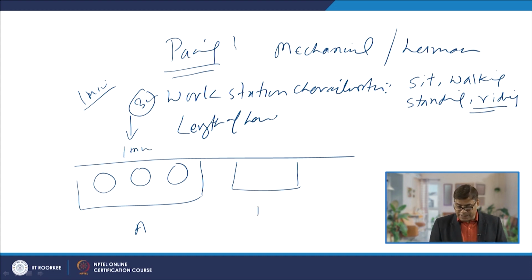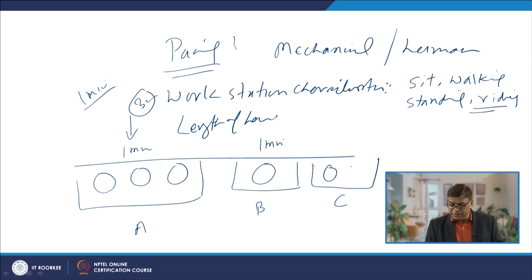At another station B, if a smaller step is involved and one operator is sufficient to complete the job in 1 minute, then only one operator is used. At station 3, if it takes 2 minutes to complete, then 2 operators will be deployed, so that they are able to complete the job in 1 minute.